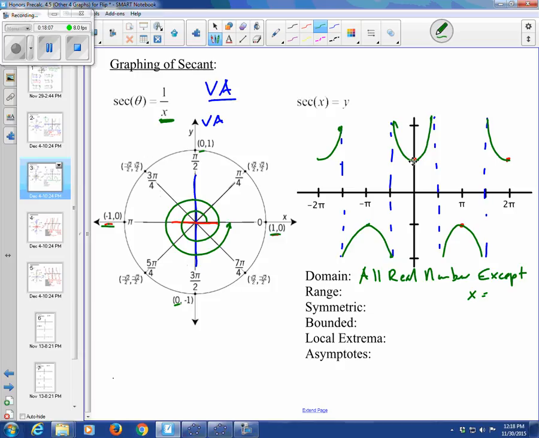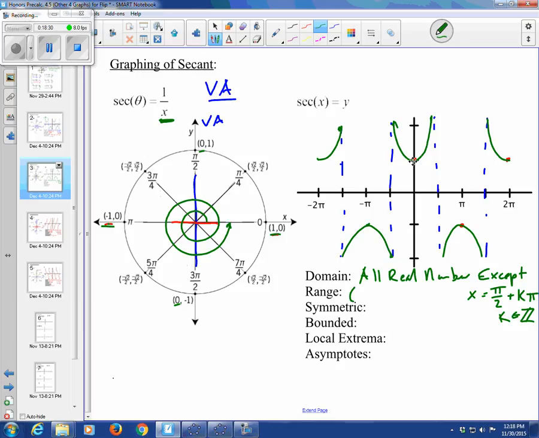And if we look at this, we can say that those are going to be increments of half pi. So we can start at pi over 2, and then if we add k pi, where k is an integer, we're always going to end up on an odd half pi, which is going to basically give us that vertical asymptote.